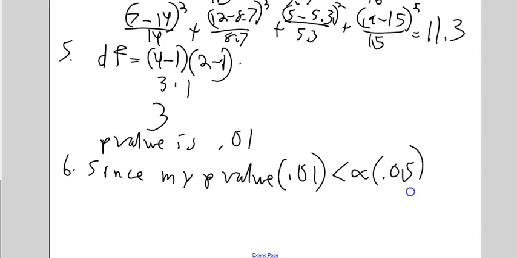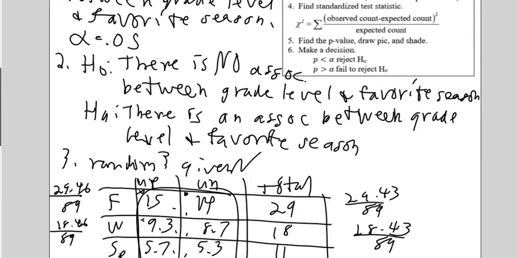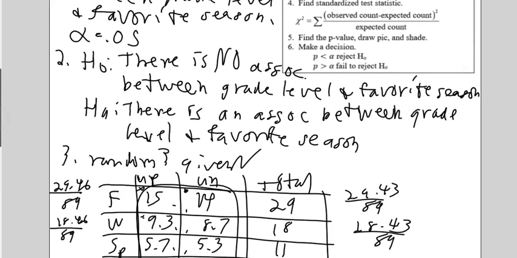So 0.01, 1 penny, is less than 5 cents. Since my p-value is less than alpha, we are rejecting the null hypothesis. And what is the Ho? That there is no association.